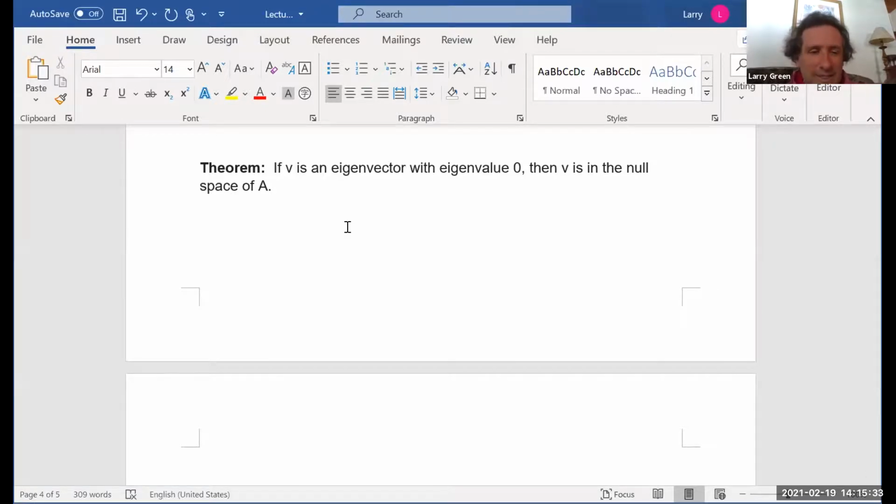Why is that really easy to prove? Let's write the proof. I'll start: let 0 be an eigenvalue for A with eigenvector v.